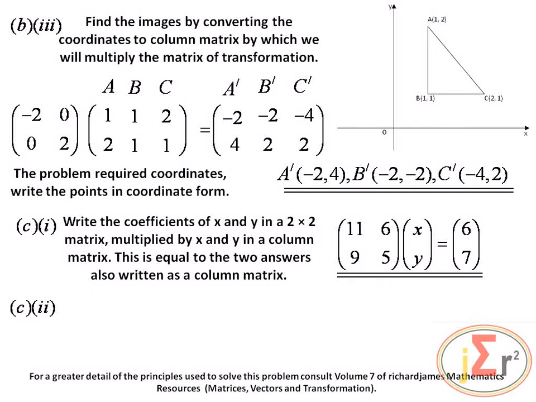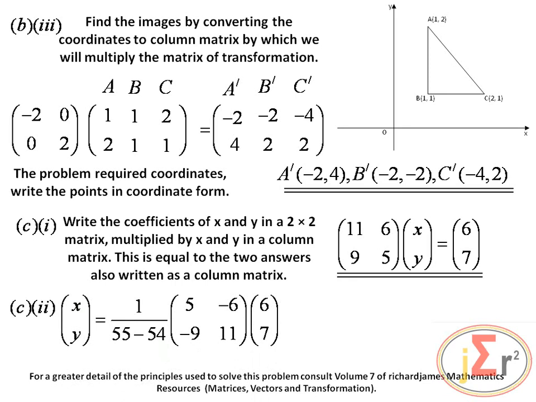Hence, write the solution of x and y as a product of two matrices. So we are going to write that as a product of two matrices. So what do we do? To find x, y, we are going to take the inverse of this matrix and multiply it on this side. And let us look at the reason for doing that. If we just use normal arithmetic, we would divide by 11, 6, 9, 5 on this side, and we would divide by 11, 6, 9, 5 on the other side.